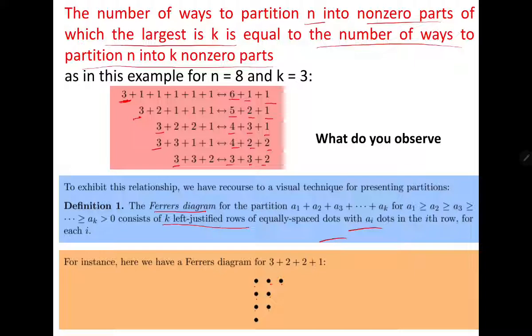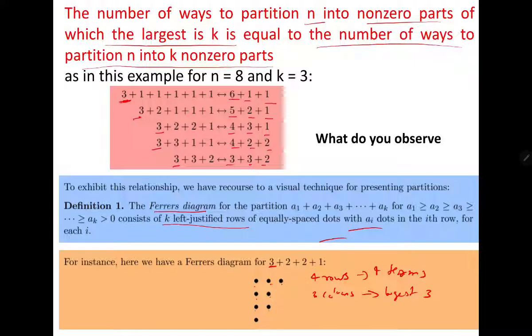So here you can see that 4 rows are there and 3 columns. The 3 comes from here, so the largest is 3, and 4 rows means 4 terms are used.